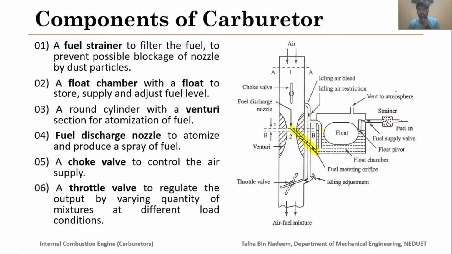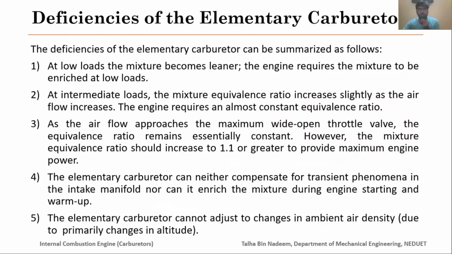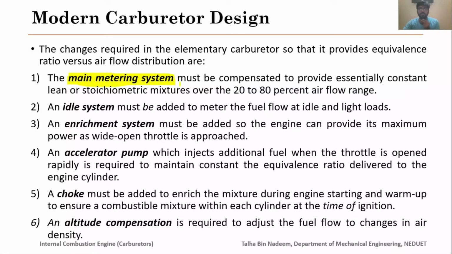So some other accessories are also employed. The main metering system must be compensated to provide essentially constant lean or stoichiometric mixtures over the 20 to 80% airflow range.